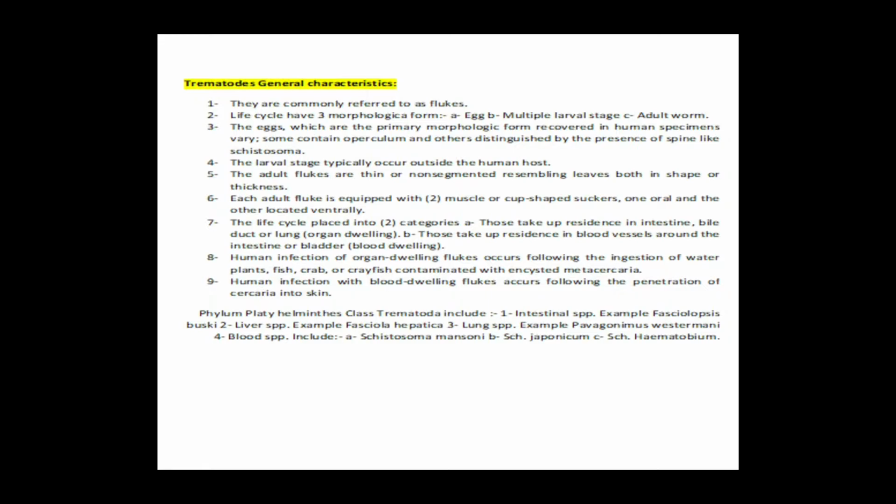The first one is they are commonly referred to as flukes. The life cycle has three morphological forms. The first is the egg. The second is multiple larval stages. And the third stage is the adult worm or form.